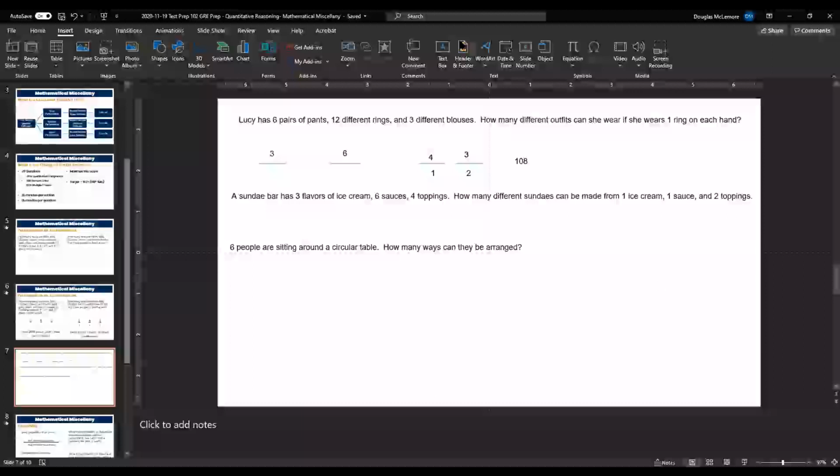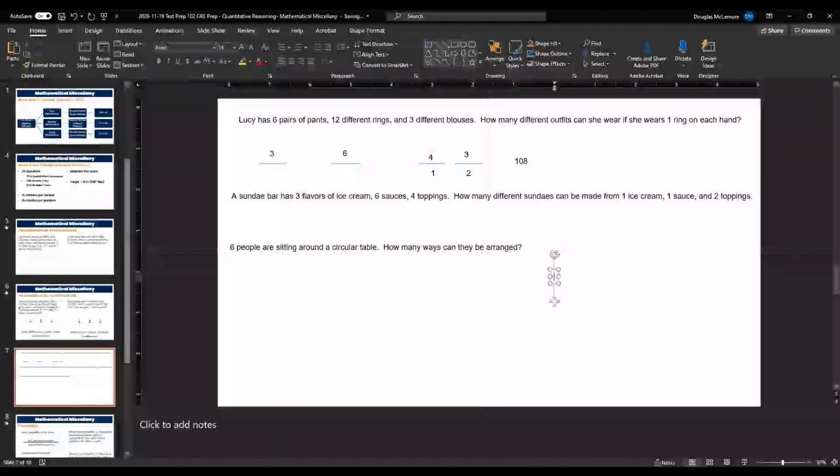So that's one thing you got to think about here is you're not just going to do this problem once. You're going to do this problem how many times? You have both right-handed and left-handed, so we have to multiply the answer by what? 2.